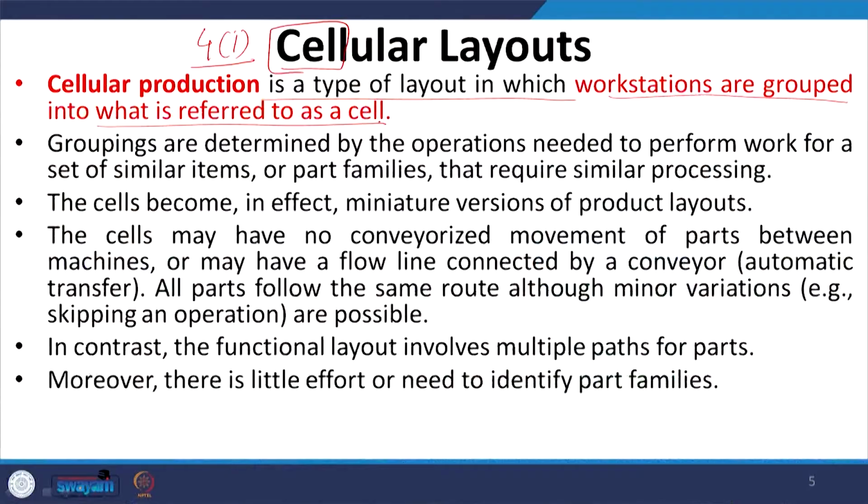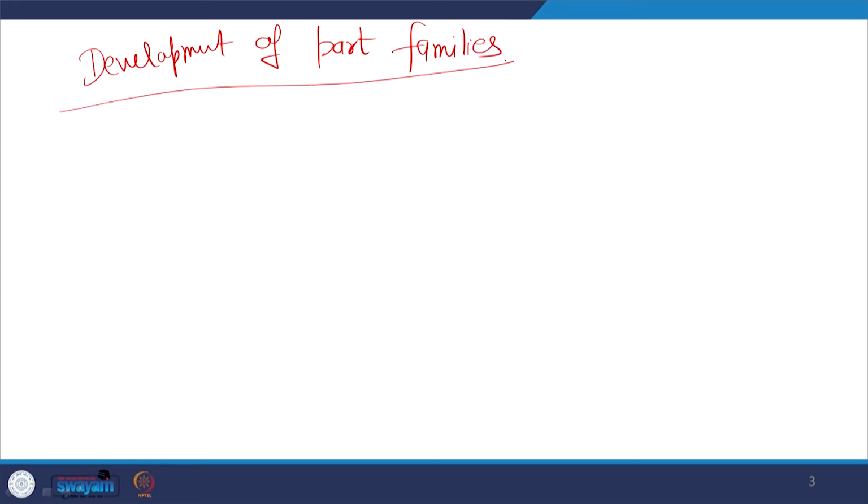Now, how we are doing this development of cell? For that, groupings are determined by the operations needed to perform work for a set of similar items or part family. So, like if I go back, if I see that development of part families, because in our cellular layout what happens, we develop different types of cells.